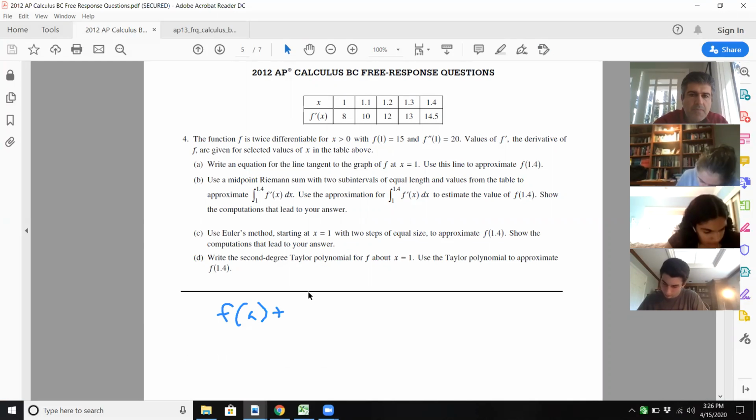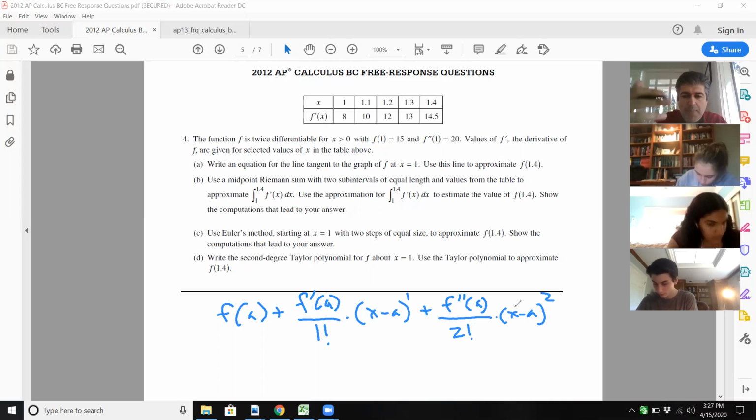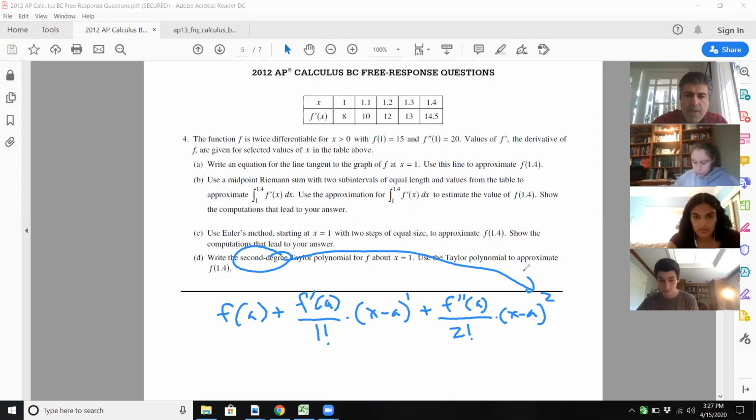So plus f prime of a over 1 factorial, which is kind of redundant because I know it's 1, times x minus a to the 1 power, plus f double prime of a over 2 factorial times x minus a squared. And you just keep going until you get to the degree you want. Since you want second degree, that's as far as we need to go.